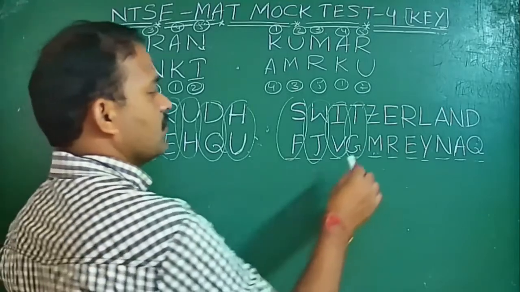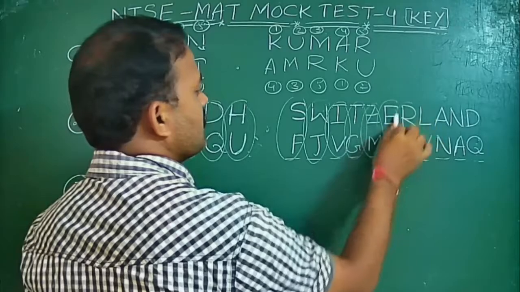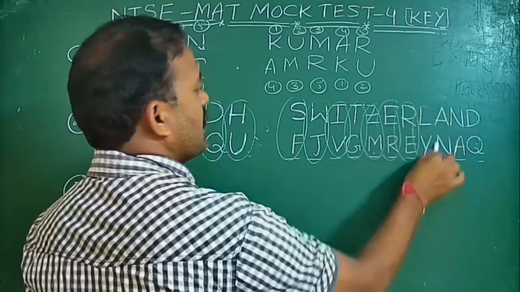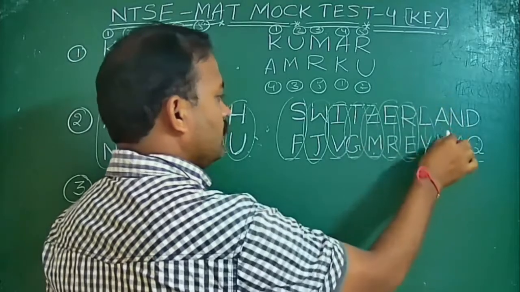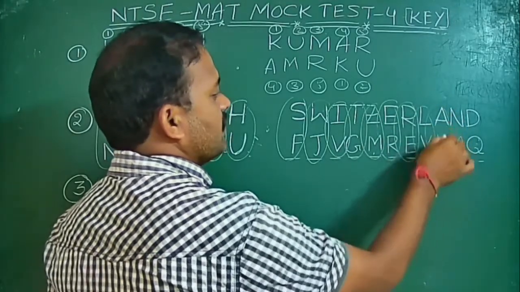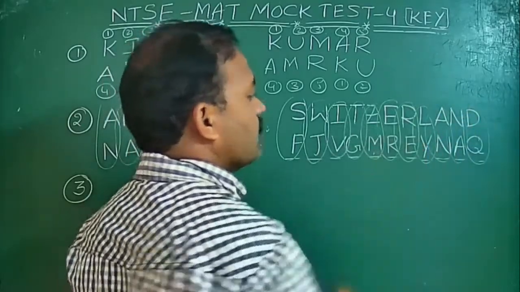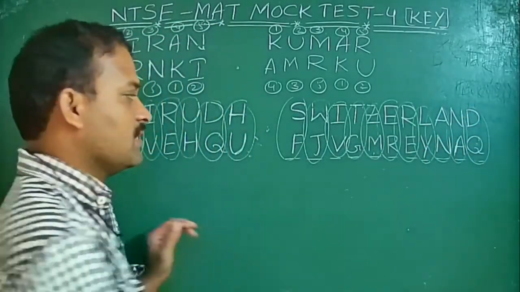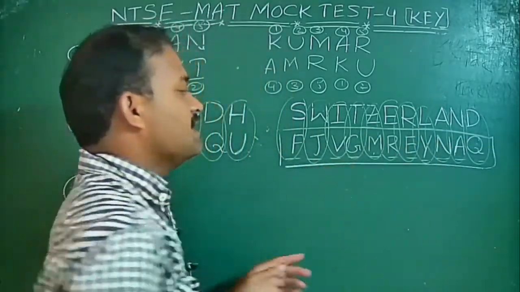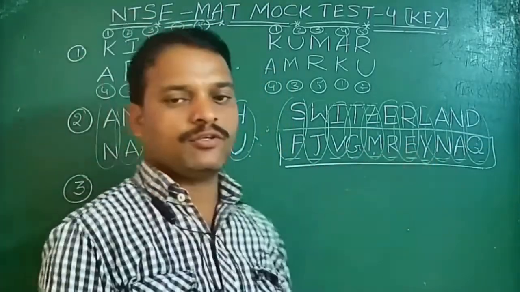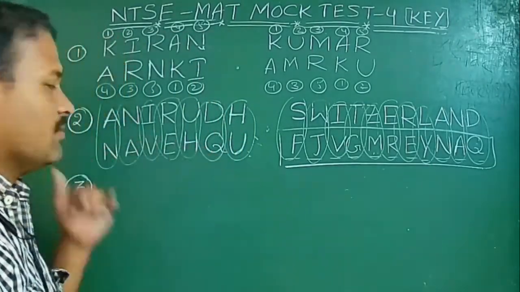Then next here, MZ means Maza, ER means earrings, ER means earrings, LY lily flower, and AN means ANR, and again NA, ANR, and DQ means docket. So off pair series. That's why the final result is FJVGMR EYNAQ. So in the options, the second option is the solution.